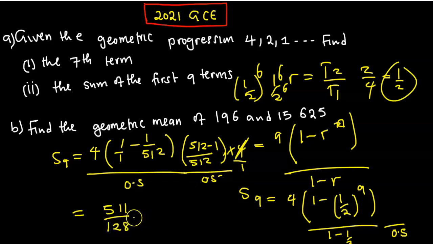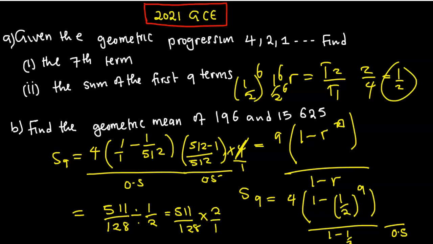Okay, then all this divide what? Divide a 0.5, which is the same as 1 over 2. Okay, so what are we going to do? Here is just the same as 511 divide 128 multiply by 1 over, multiply by 2 over 1, like that.